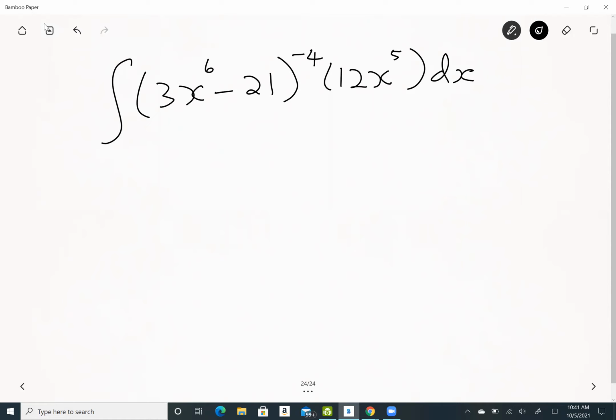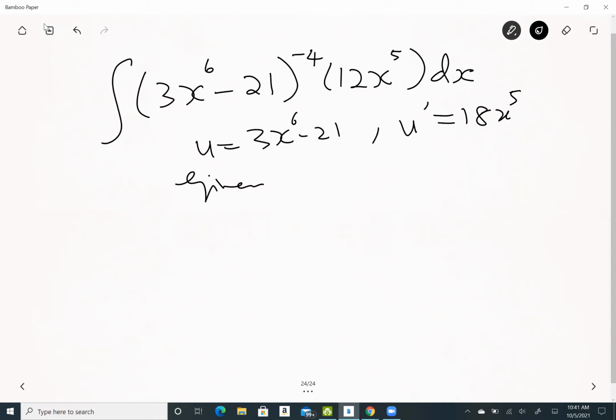So you let u be equal to the terms in the bracket, and then u prime is 18x to the power of 5. Now what you are given is 12x to the power of 5, and that is not u prime. You are given 12. So now how do you get 18 for the u prime?